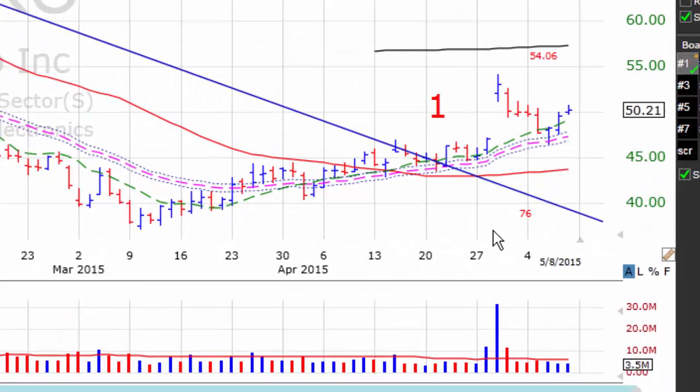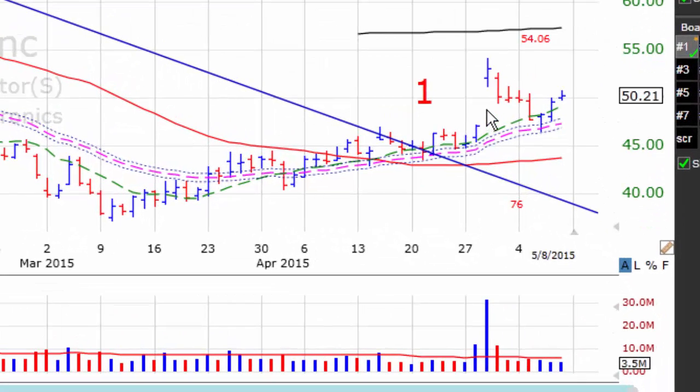About a week and a half ago, we came out with earnings. The stock gapped up on huge trading volume. We went on to fill that gap right here, and we are moving back up toward this point right here.